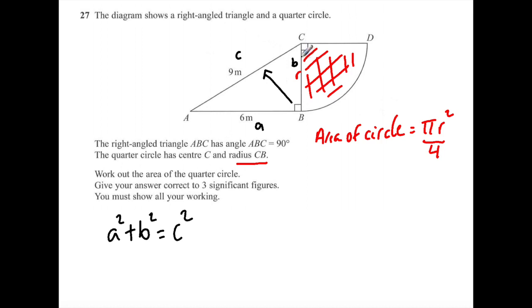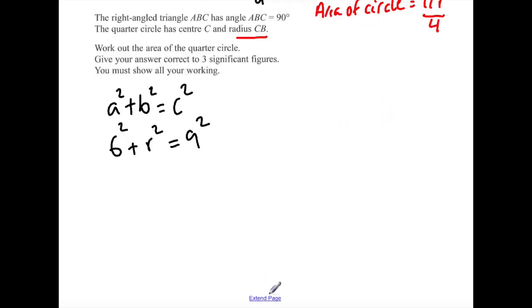Now, all I'm going to do is plug in the information given to us into this equation. So a is 6 squared, so 6 squared. B is r, so we have r squared, equals 9 squared. 6 squared is 36 plus r squared equals 81.